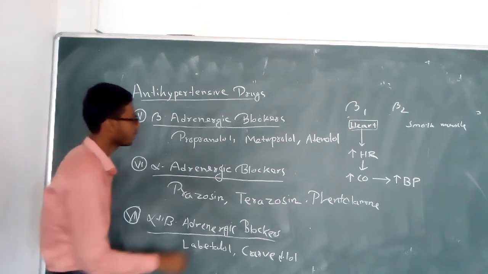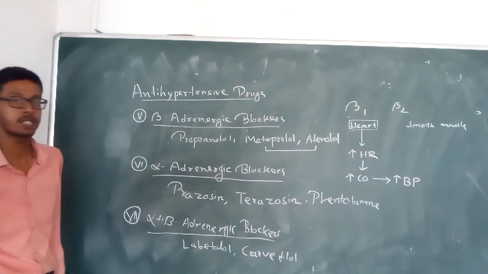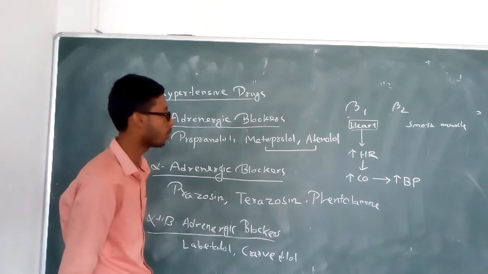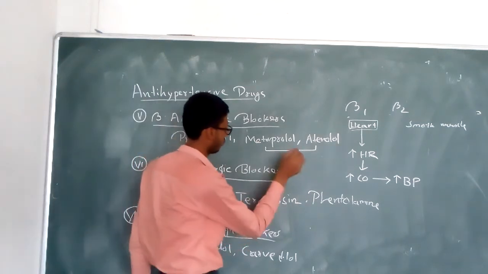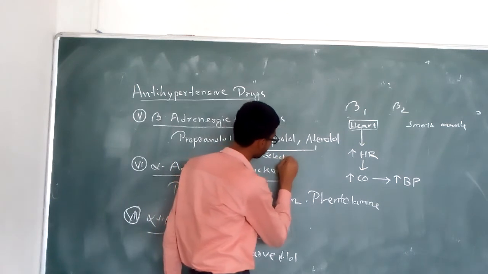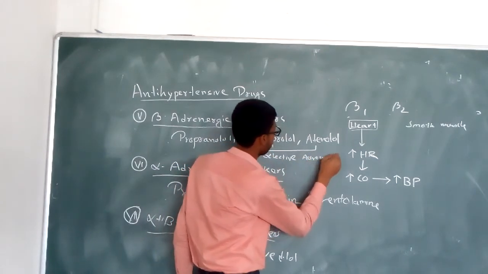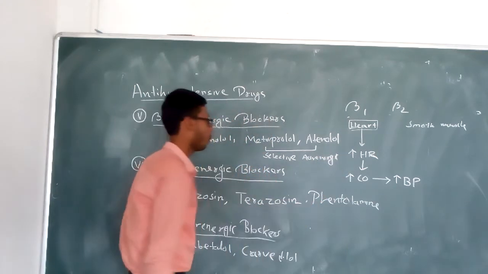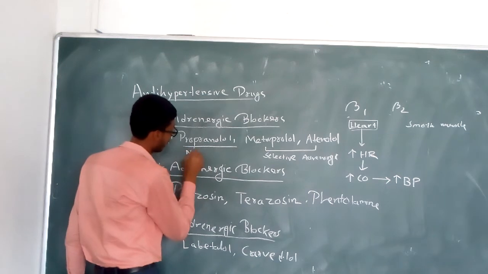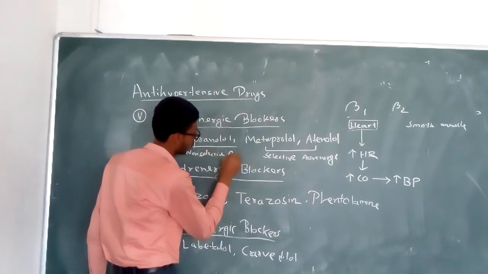Among these, metoprolol and atenolol are selective antagonists of the beta 1 adrenergic receptor, whereas propranolol is non-selective for beta 1 and beta 2.